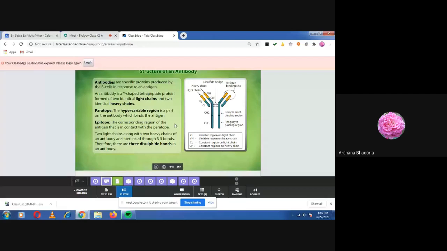Y-shaped tetrapeptide protein is made up of 4 chains, peptide chains, formed of 2 identical light chains.